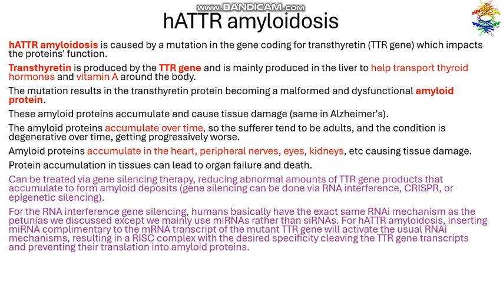These are going to form complexes with the RISC. The RISC is going to cleave the TTR gene transcripts, so they can't be translated, so we're not getting production of any of the mutated transthyretin protein, and no buildup of amyloid deposits causing the tissue damage, organ failure, and death.